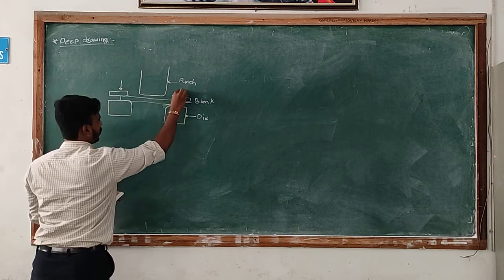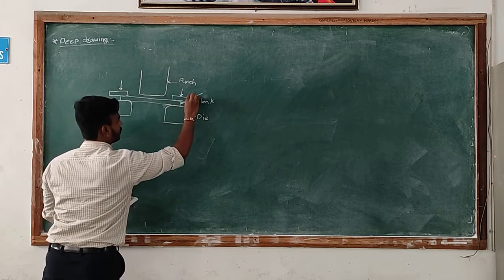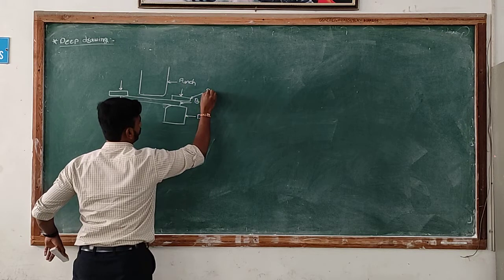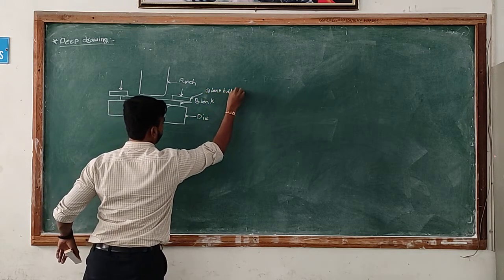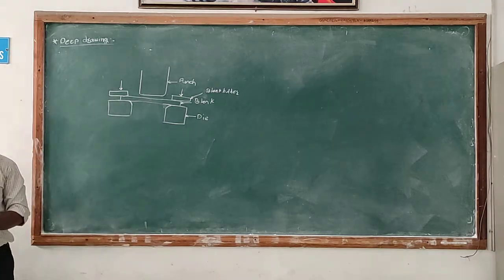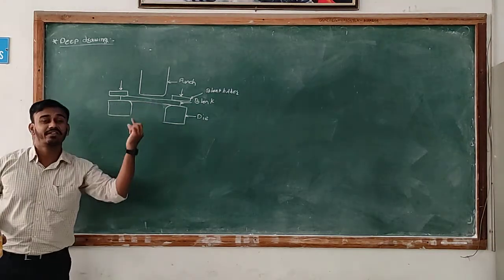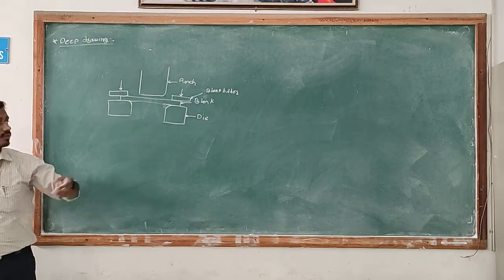The force is applied on this, and this is called the blank holder. So this is a sheet metal having some thickness t.